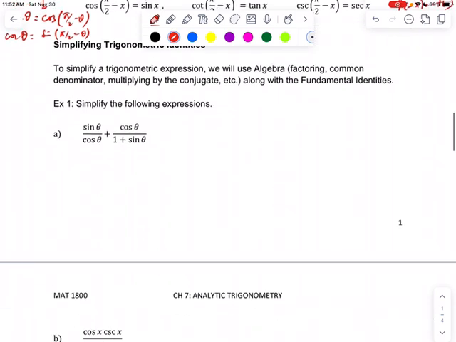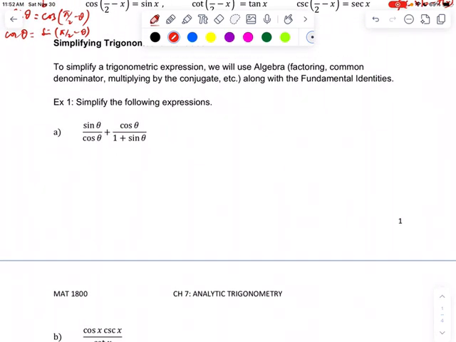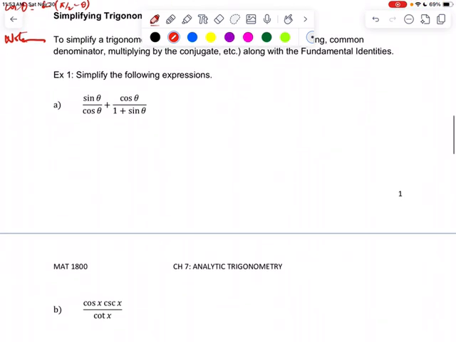So here is the first example. By the way, note: to simplify a trigonometric expression, we will use algebra, which means factoring, common denominators, or multiplying by the conjugate, etc., along with the fundamental identities.